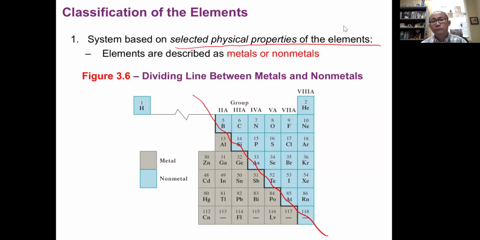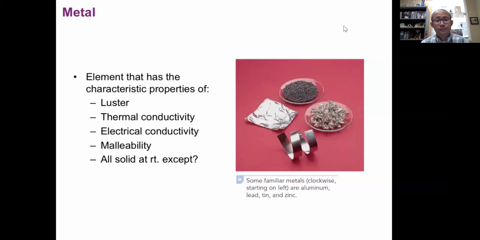Now, what are the physical properties assigned to metals versus non-metals? They are shown here. Metals, just like your regular understanding of metals, usually have a luster.